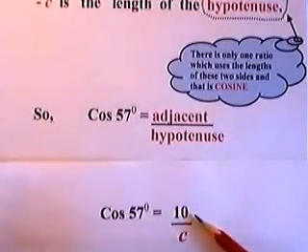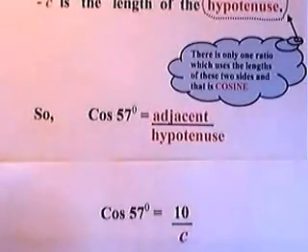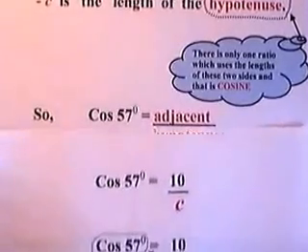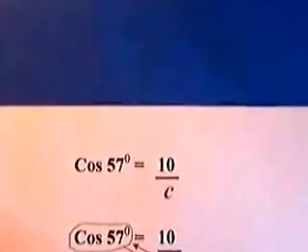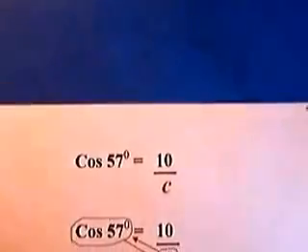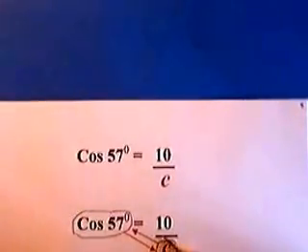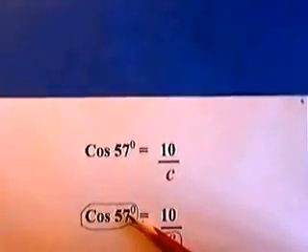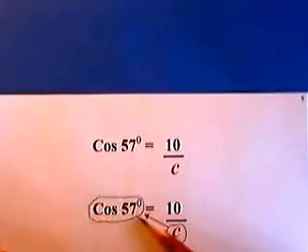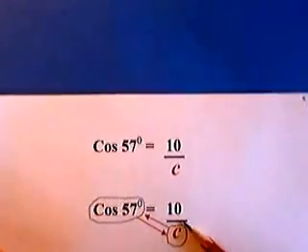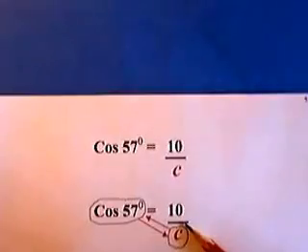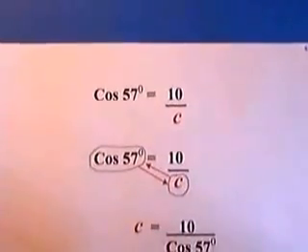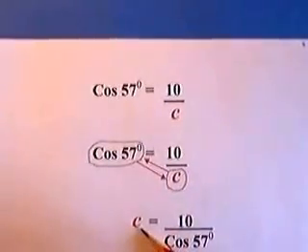Again, I'm going to use what's called cross multiplication. Cross multiplication allows me to do it in one step. I have taken the C, which is on the bottom, multiplied it up here, and I've multiplied the cos 57 down underneath the 10. In other words, in one step I have made C the subject of the equation.